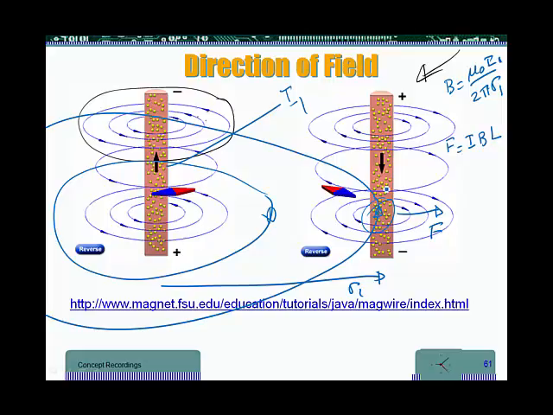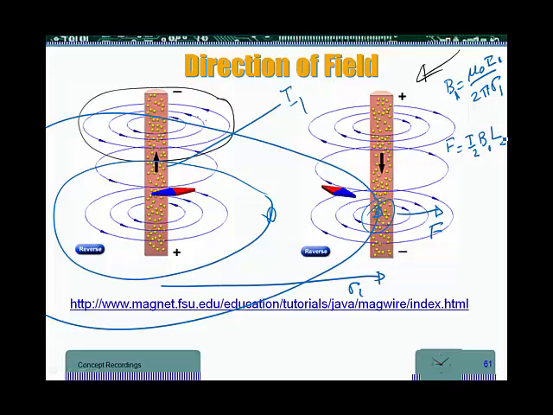So it's IBL. Now, of course, I is the current in wire 2, so let's call it I2. B is the magnetic field due to wire 1, so let's call it B1. L is going to be the length of wire 2, so it is L2.